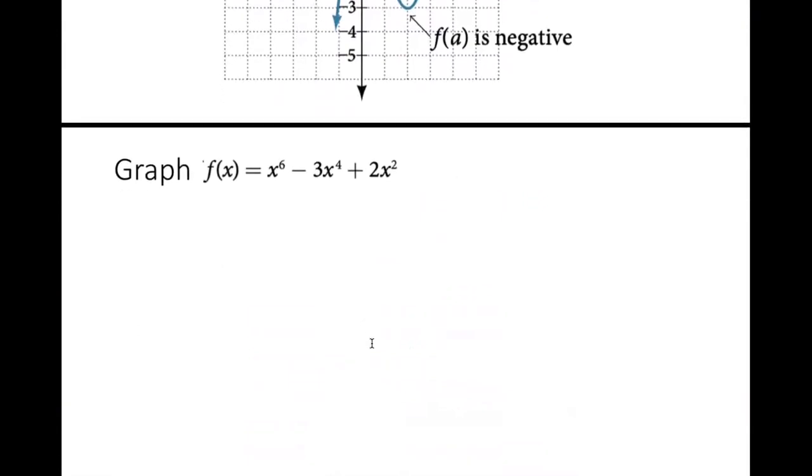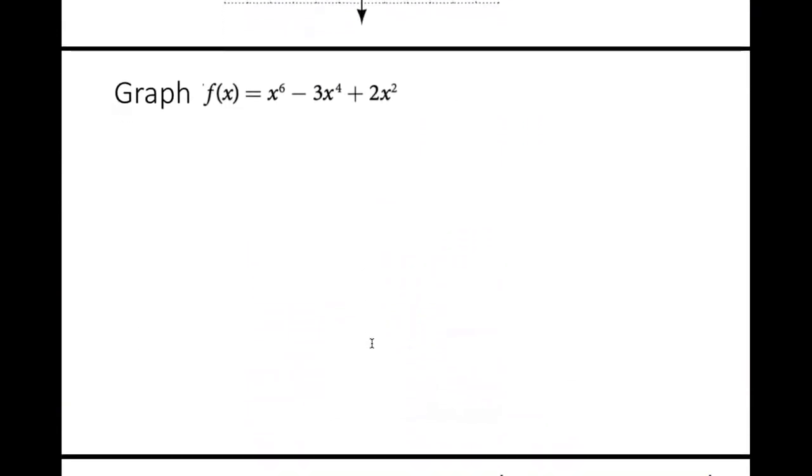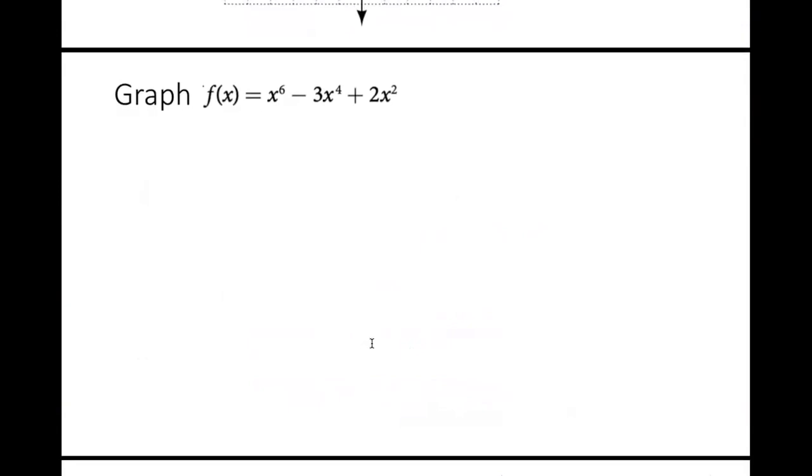So let's look at this function right here. It's a polynomial function, and let's graph it. All right, so things that I am interested in looking at.